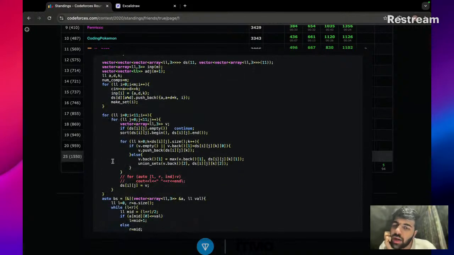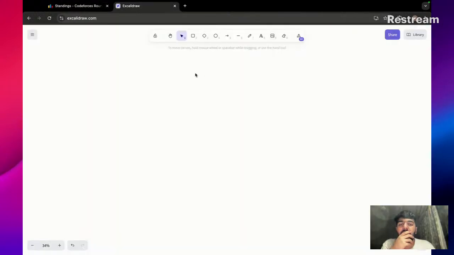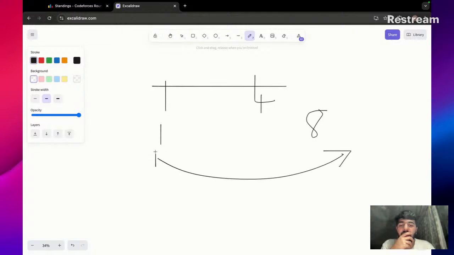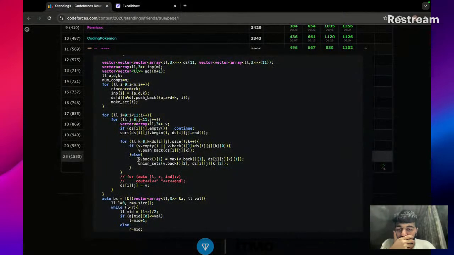Okay. So now you are iterating, merging the L and Rs within a specific i comma j. For example, let's say 1 and 4, and 1 and 8, so it will remove this and it will be 1 and 8. Exactly. That entire part just merges it and it makes the union set also. Okay.